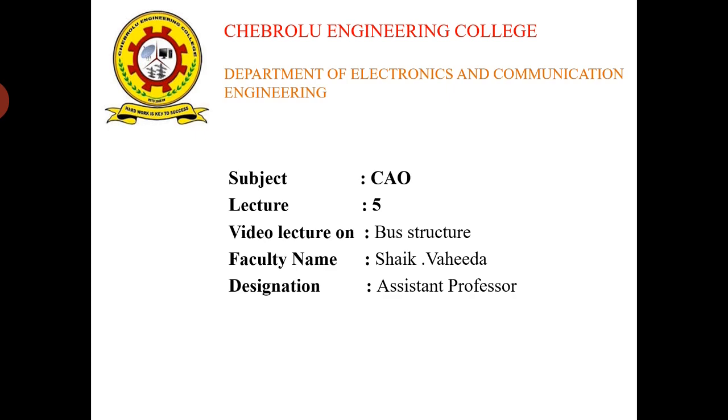The instruction register holds the instruction that is currently being executed. The program counter contains the memory address of the next instruction to be fetched and executed. The memory address register holds the address of the location to be accessed in the memory.